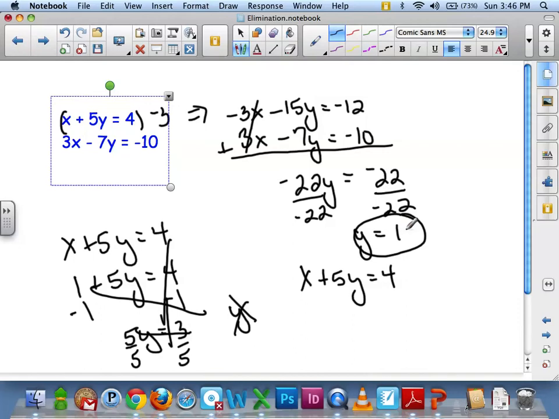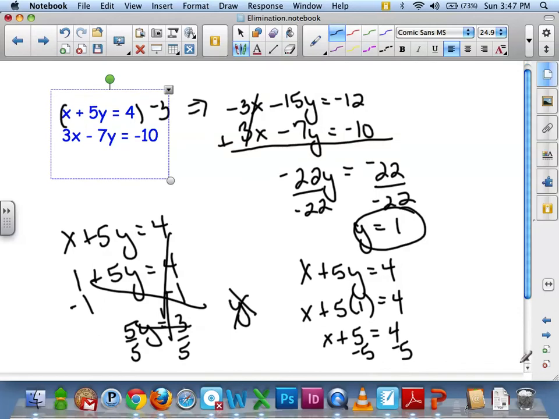Okay. I'm going to make sure that I replace y with 1. So I'm going to have x plus 5 times 1 equals 4. I've got x plus 5 equals 4. I'm going to subtract 5 on each side, and this time I'm actually going to get a number that makes sense.